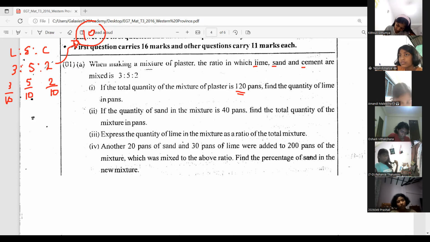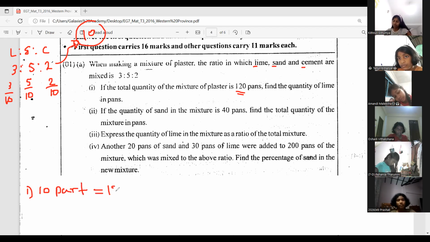Right. Now look, the total quantity means how many parts? There are 10 parts, no? So if 10 parts equal 120 pans, you can find the value of 1 part.